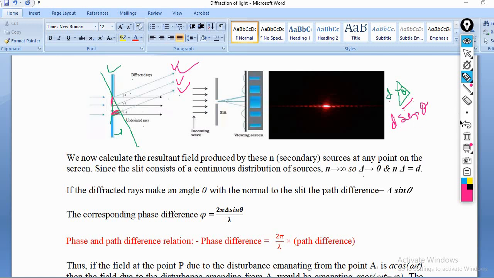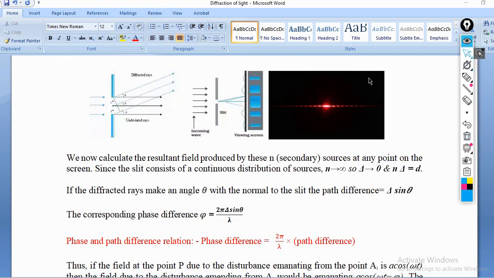For the individual waves, this distance is delta, so obviously this will be delta sin theta. Now this is clear, so you know the path difference. You can calculate the phase difference: 2 pi by lambda into delta sin theta. Now you have the phase difference.